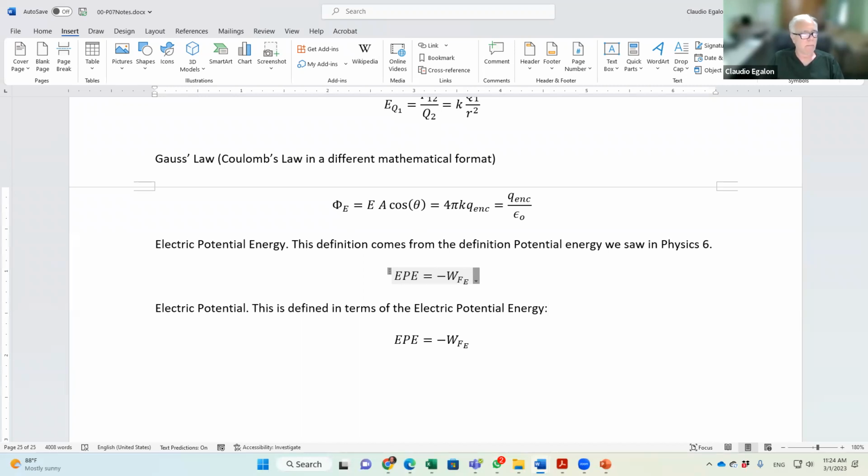So the electric potential, we call it V, is electric potential energy divided by a test charge Q.